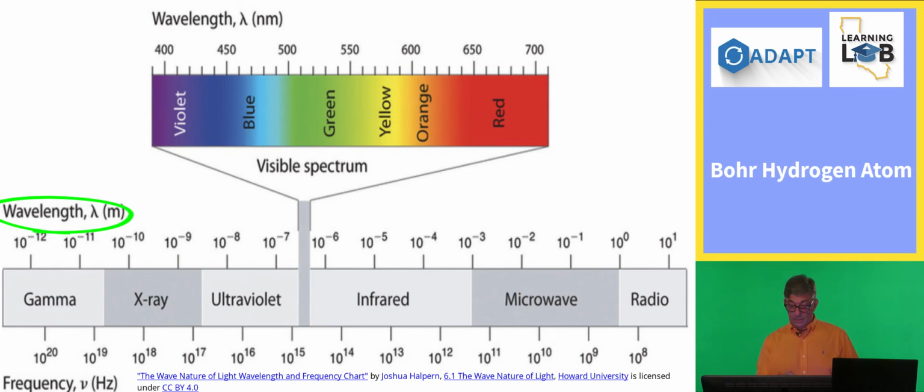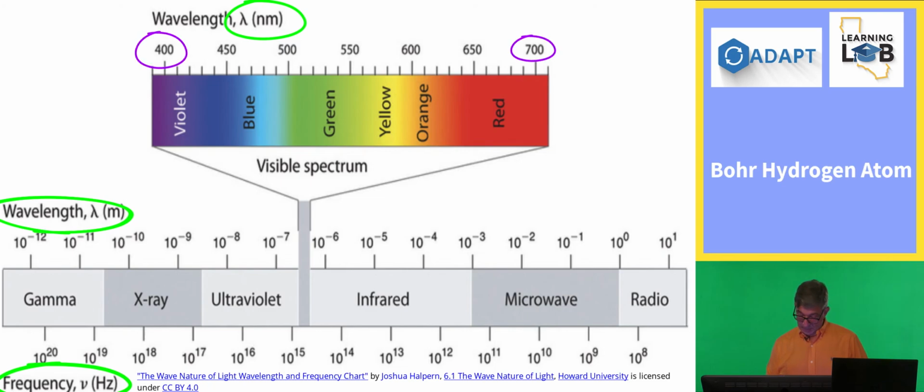One could also think about it in terms of frequency, which is the bottom scale. But we're focusing on the wavelength in nanometers. A wavelength in the visible region falls between 400 nanometers and 700 nanometers.